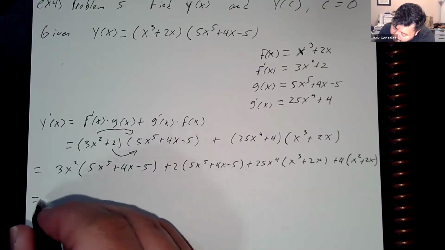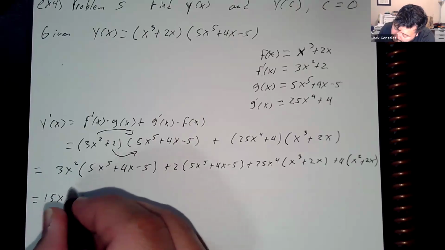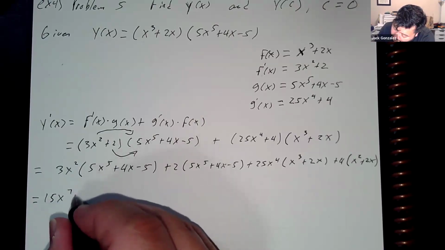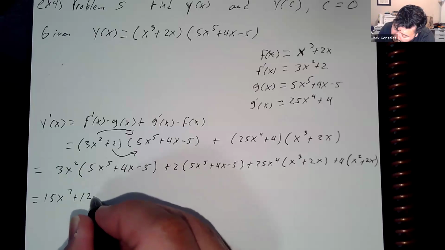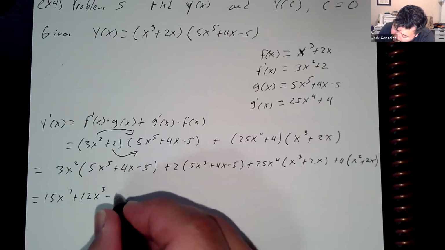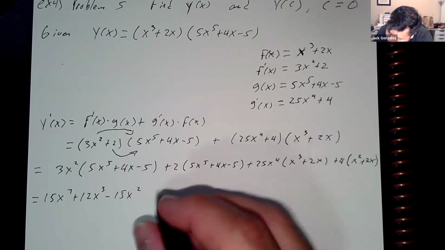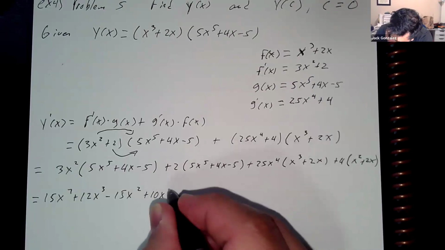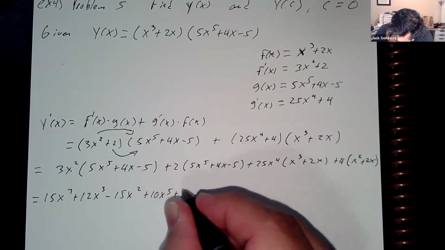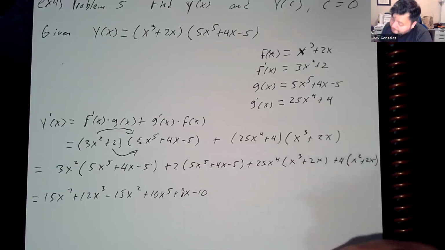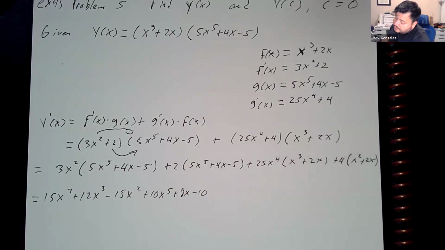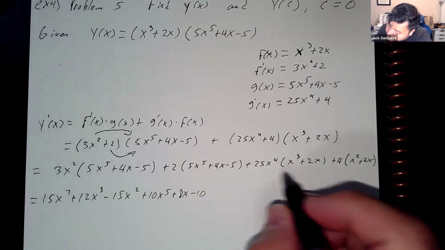So that will be 15x to the 7th plus 12x cubed minus 15x squared plus 10x to the 5th plus 8x minus 10. It's the second one. Multiply these right here.